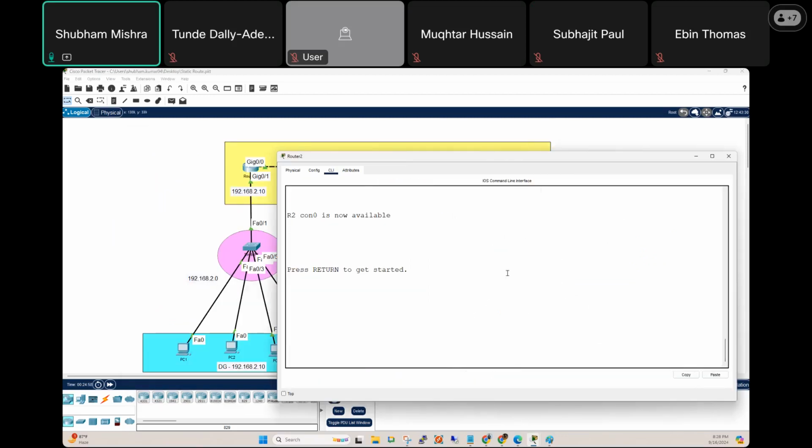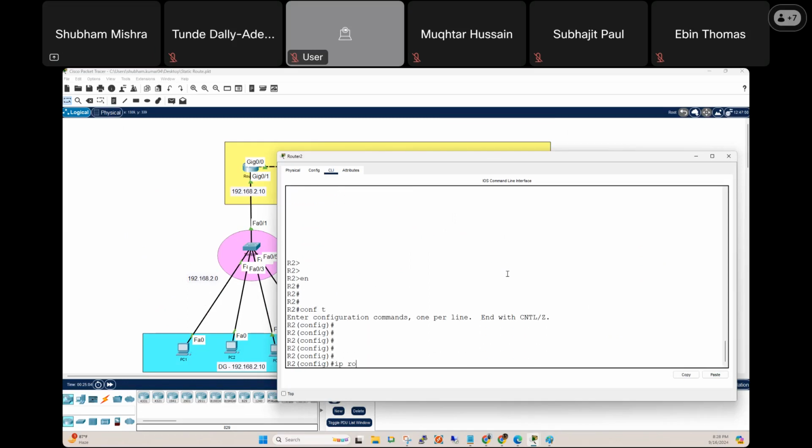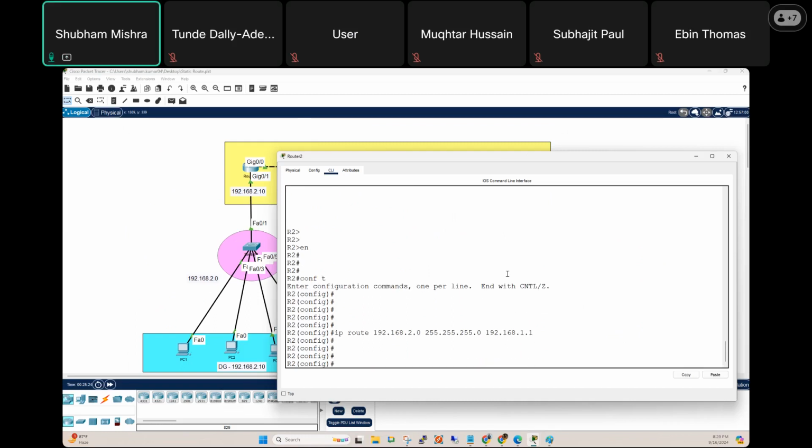How can you configure the same thing on R2? Enable, config, IP route. You need to mention the complete network. That is 192.168.2.0 255.255.255.0. Then next hop will be, guys, 192.168.1.1.